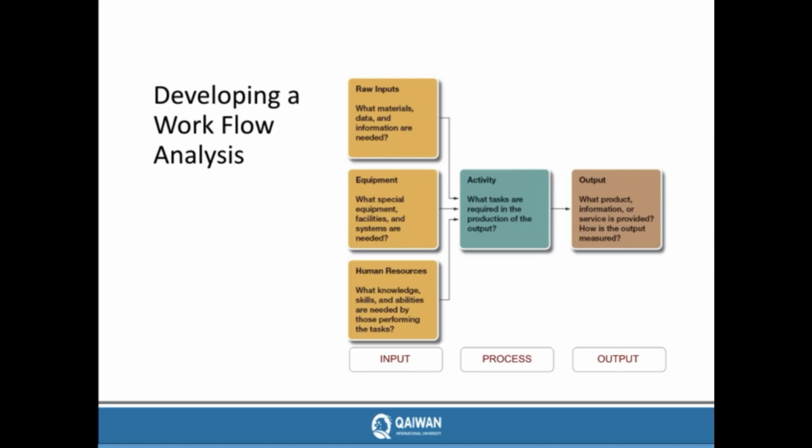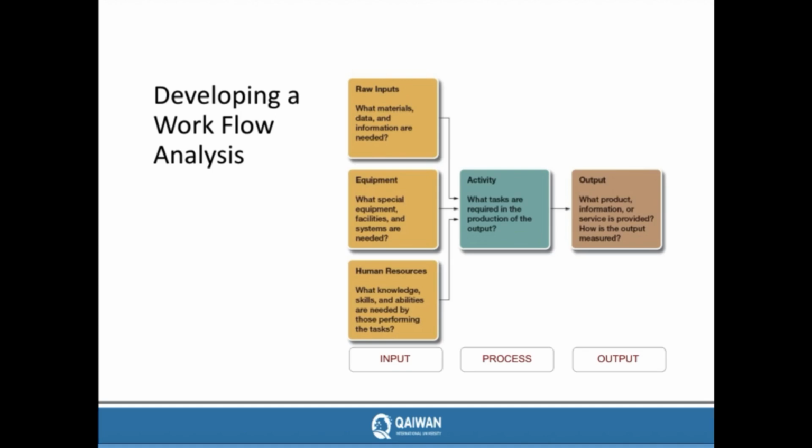Just try to imagine it as a system. Let's start with the input. Input means everything that goes into the system before the work starts. For example, in any organization, we need raw input. It could be materials, data, or information.